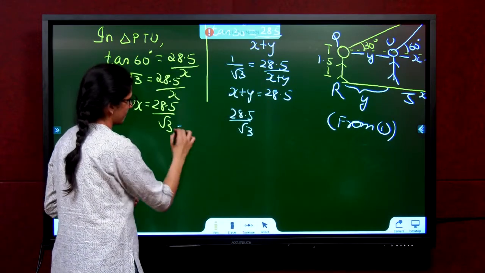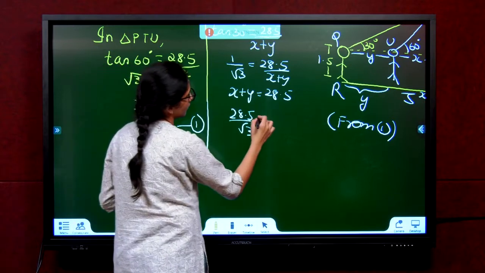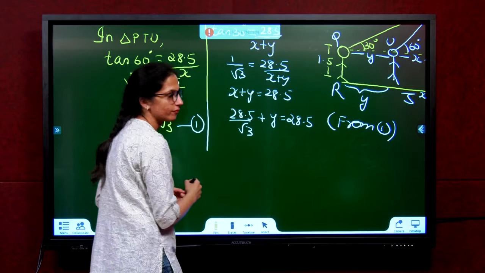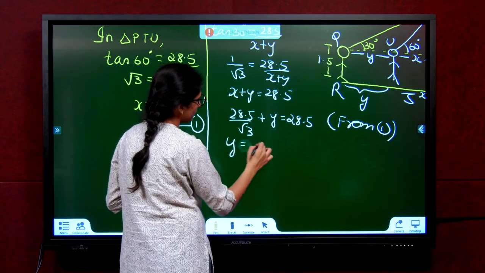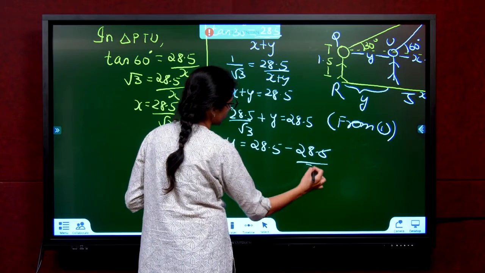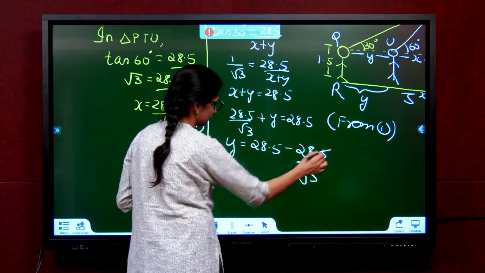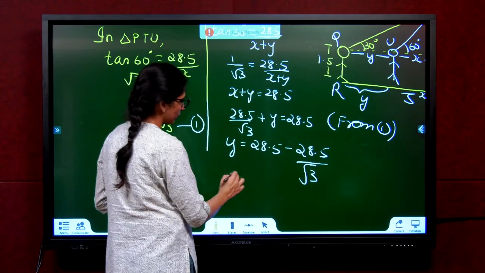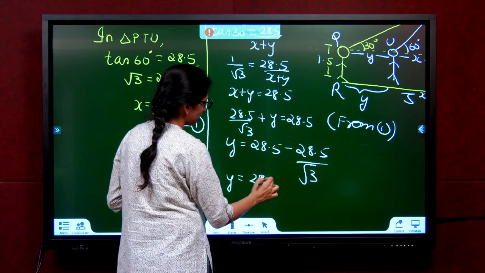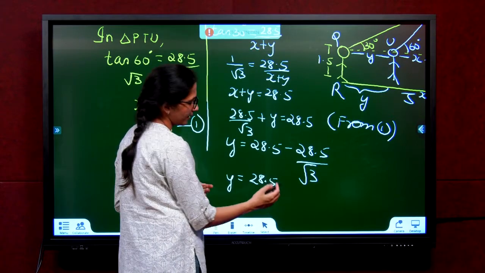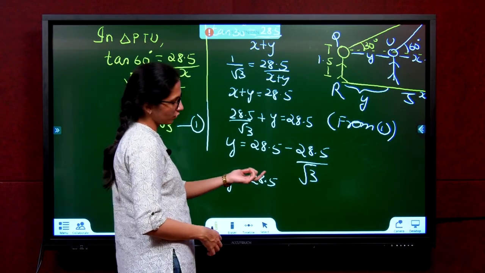Okay. Plus y is equal to 28.5 root 3. Y is equal to 28.5 root 3 minus 28.5 by root 3. LCM is root 3. See, one method is you take LCM and then remove the root.